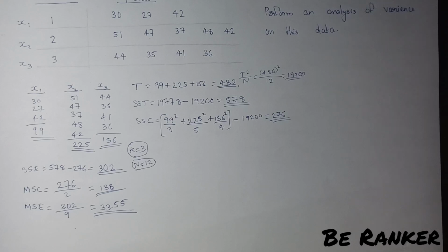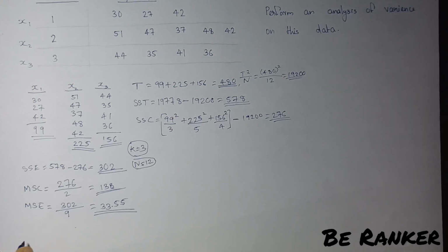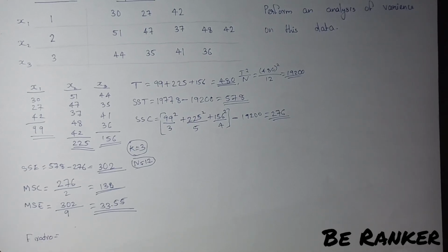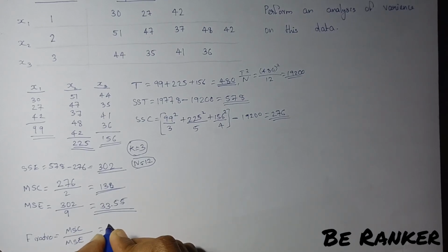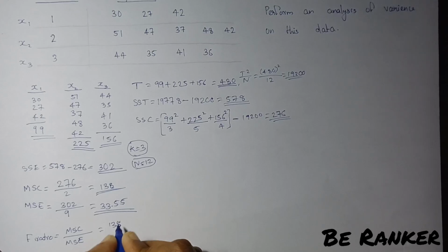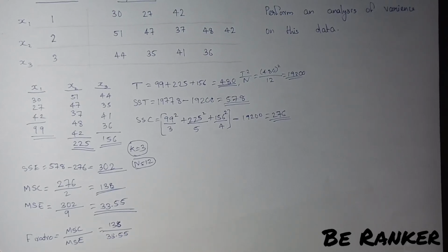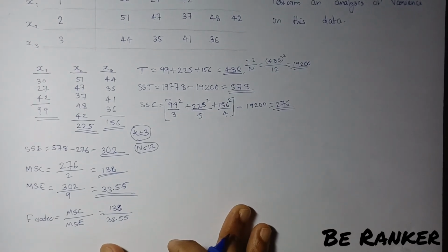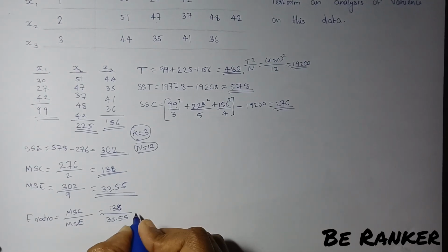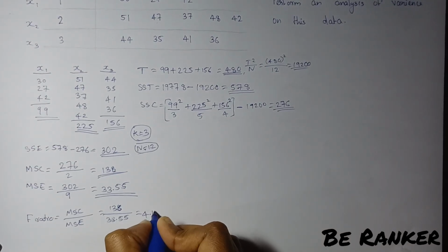At last, we want to find the F ratio. F ratio is MSC by MSE, that is 138 by 33.55, and the answer is 4.11.